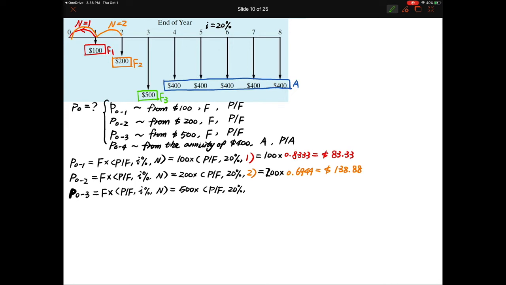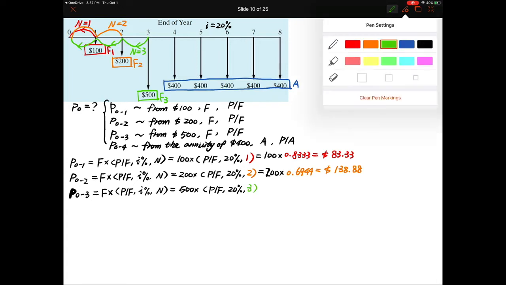Now what is the N? To answer this question, consider between 0 and the time 3, how many periods you're jumping. So it's 1, 3, 2. Okay?